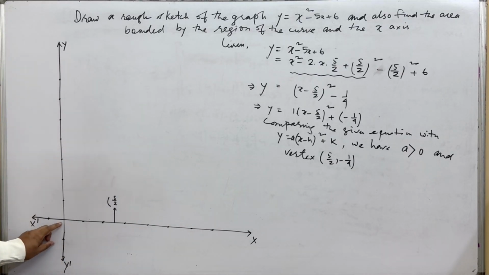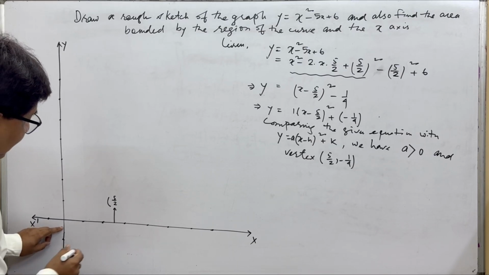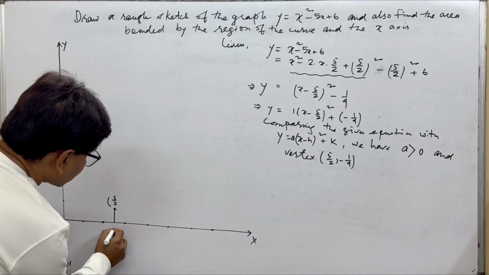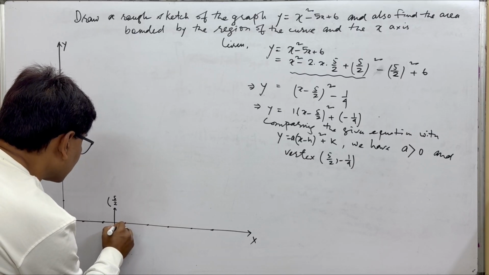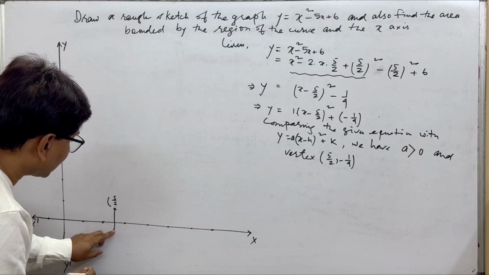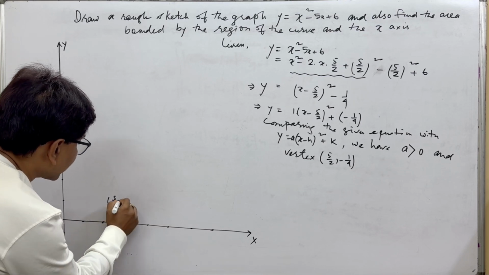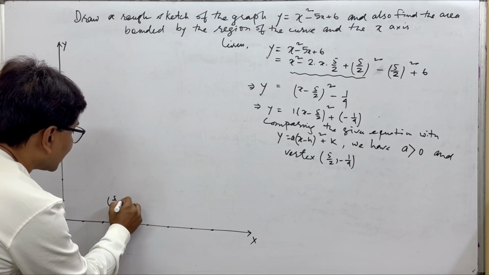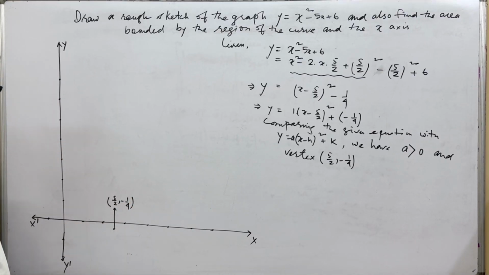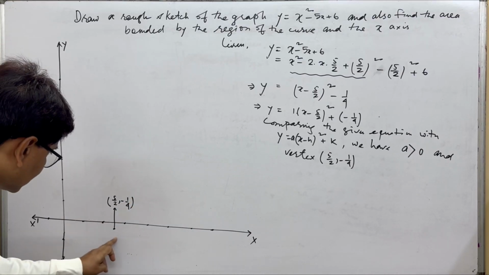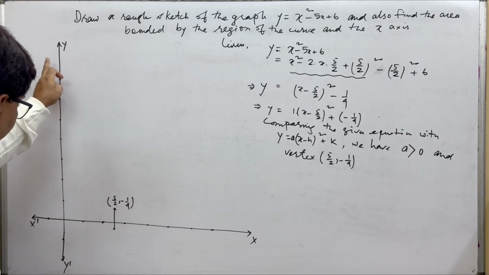So if I make this half portion, this is the situation. And this point is 5 by 2 comma minus 1 by 4. Okay, I hope this is clear. Now this should be the turning point.